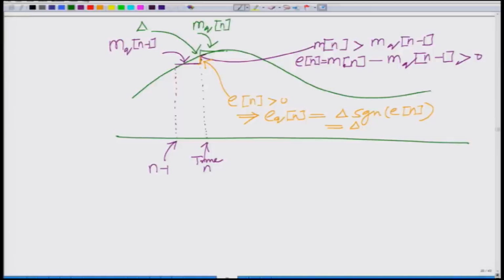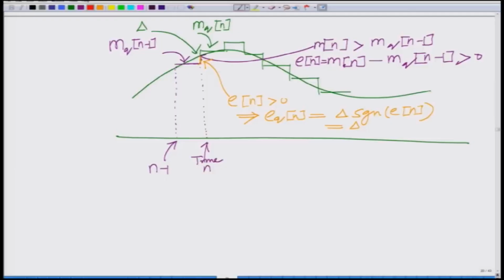So this is how you obtain the staircase approximation, and we do that at every time instant. Now, obviously, if E of n is negative, that is, if m of n minus MQ n minus 1 is negative, then delta times sign of E of n will be minus delta. So obviously the staircase will go down.